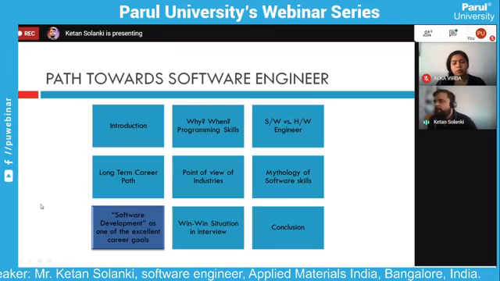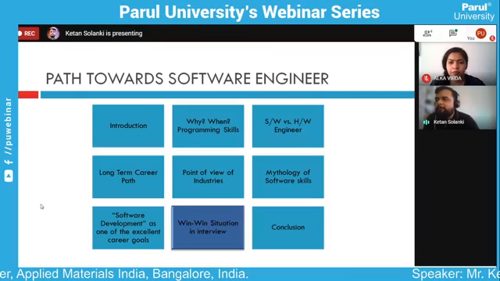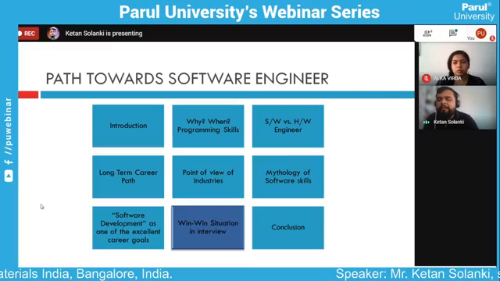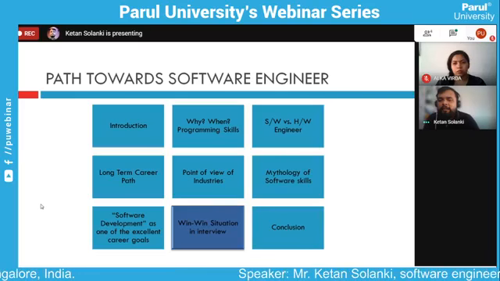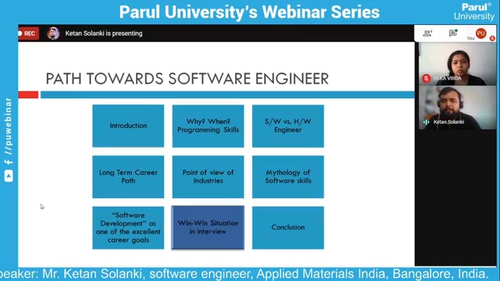So to reach that goal, to achieve that goal, the very first gateway we should pass is the interview. That's why I put the last topic as a win-win situation in the interview. Whatever points we have discussed so far, we have collected all the information and all the knowledge during our engineering, as well as whatever training we followed, but if we forget to take the key of that gate, then what will happen?